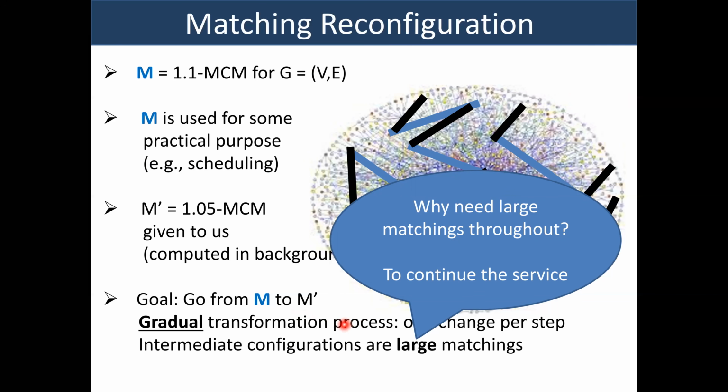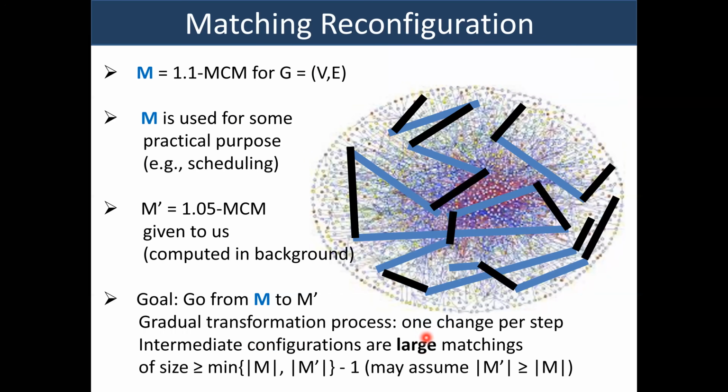So if the output matching is always guaranteed to be large with respect to the sizes of the source and the target matchings, then the service that this matching will provide will be reasonably good. And you see that the size lower bound that we will try to enforce is smaller by 1 unit than the sizes of either M or M prime.